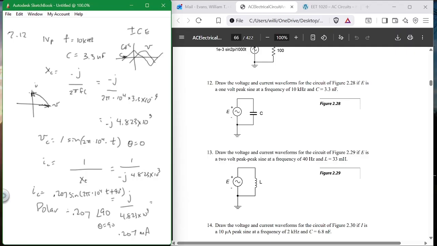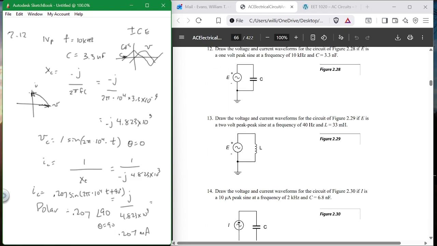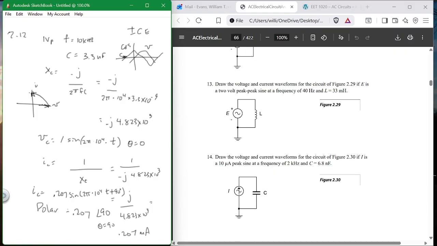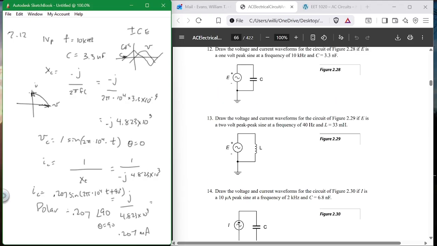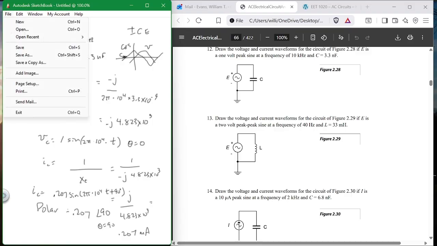Okay. All right. Now this is the other guy, the other brother. Okay, number 13, same song, second verse.